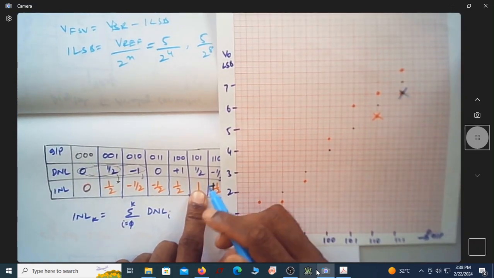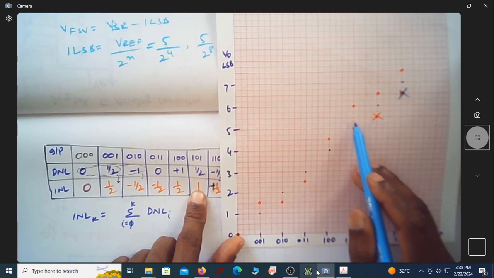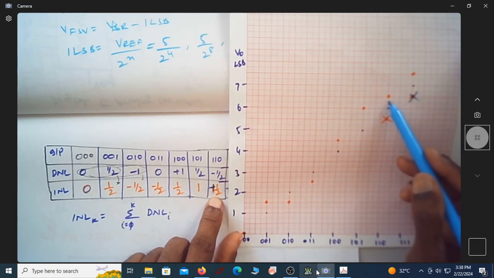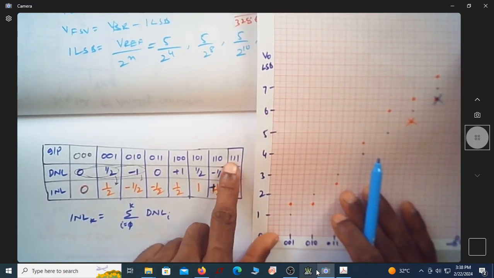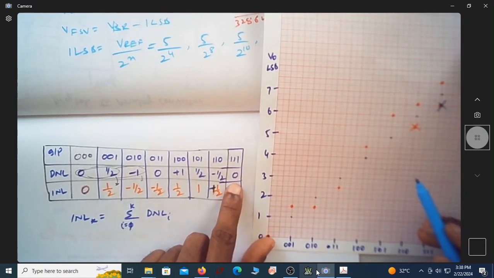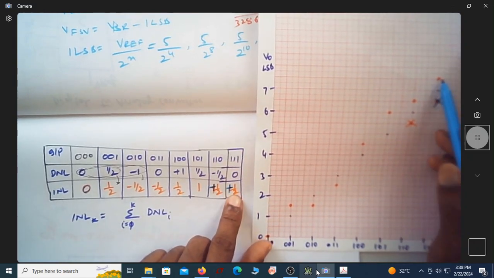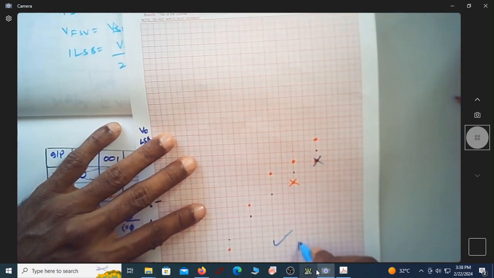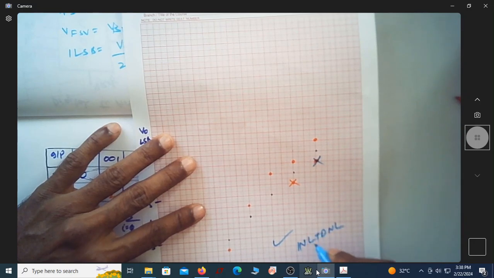This is 101, it is 1 LSB more. For 110 INL is half LSB more, you can see it's half LSB more. And for 111 it is again half LSB more. So this way you are able to find INL and DNL and the plot.